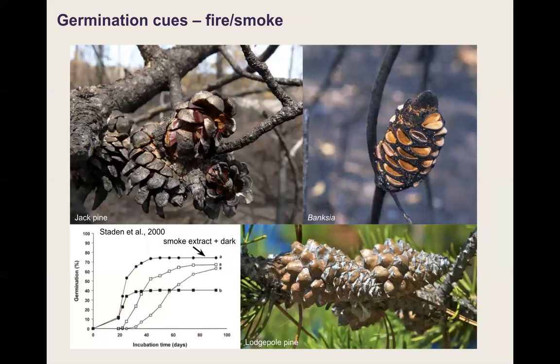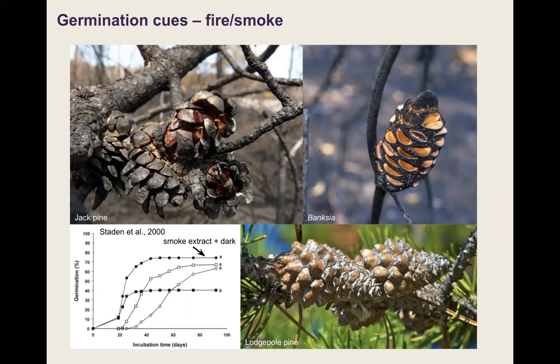A little more extreme, there's some plants that have adaptations that allow them to respond to the presence of fire or smoke. So a few examples here. These are conifers, a couple of these, and this one's actually a flowering plant from Australia. And you can see the top two, these are all singed up, and they have opened up in the presence of the heat from a fire.